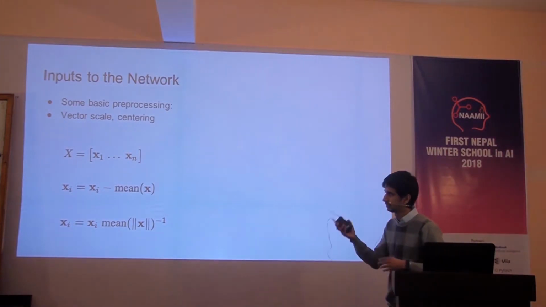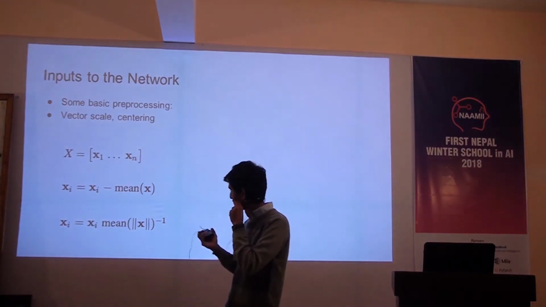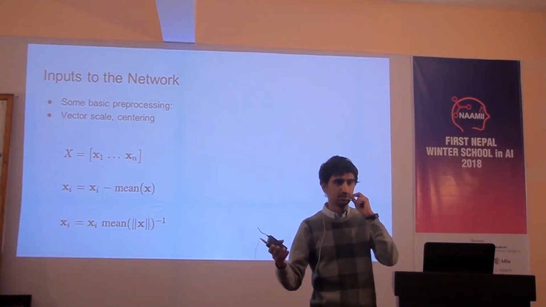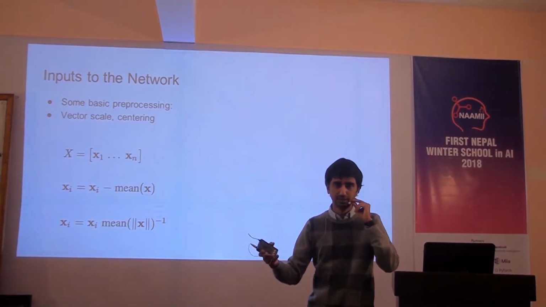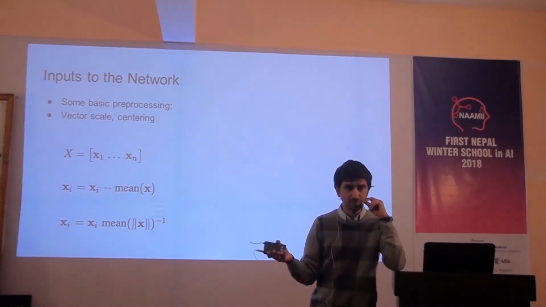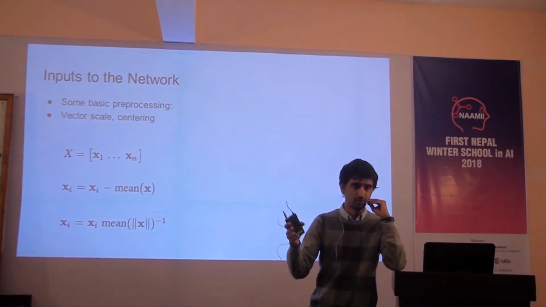For example, centering is just subtracting the mean, right? Scaling you can do in a number of ways. You can make the variance of the data constant, like 1. You can make the maximum norm of the data 1, and the rest of the norms will be less than 1.